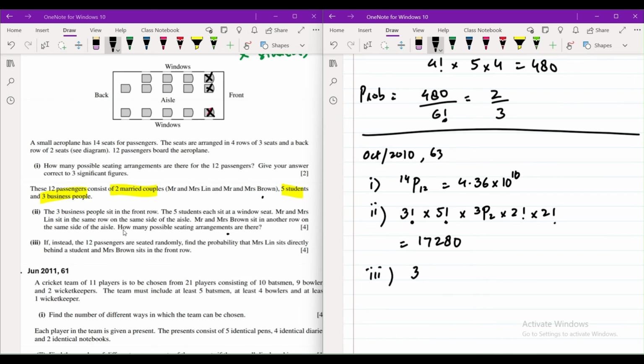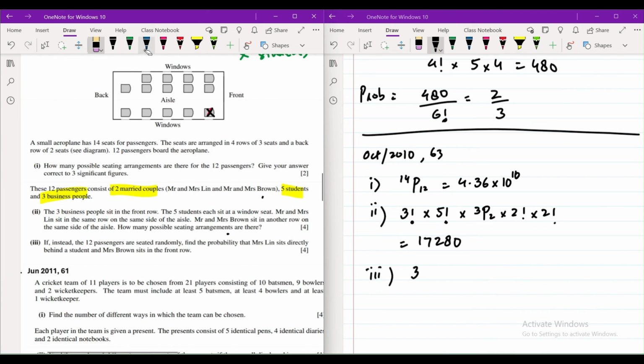Now Mrs. Lin sits directly behind the student, right? So this means that wherever the student sits, Mrs. Lin will sit directly behind. Now let's say for example, Mrs. Brown sits in this seat over here.